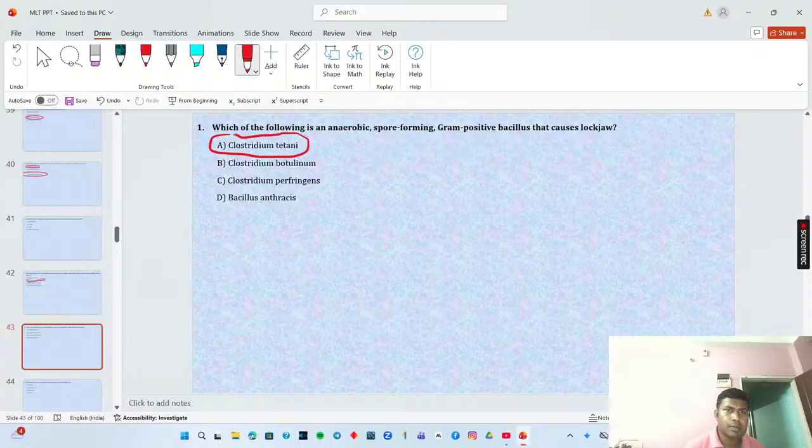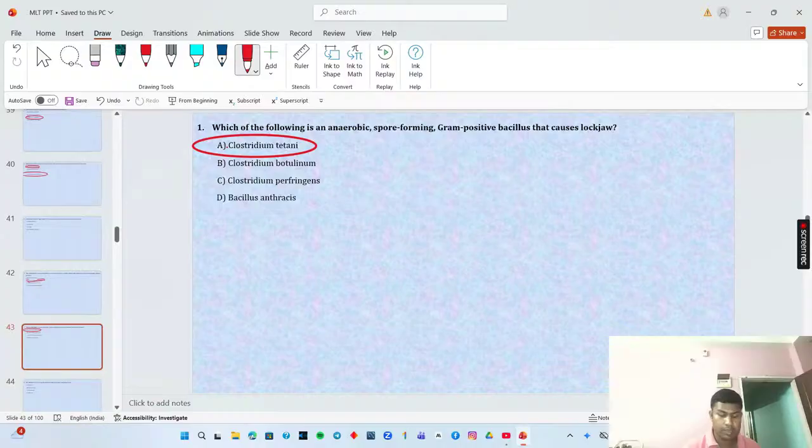Anaerobic means it can grow in the absence of oxygen, and it forms spores, which is very much terrifying. And it is a gram positive bacilli, means it is gram positive in nature and is rod shaped. Okay, and this may cause lockjaw in our body.